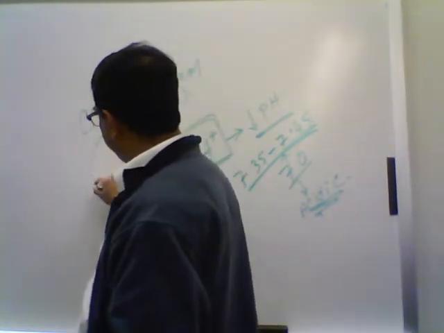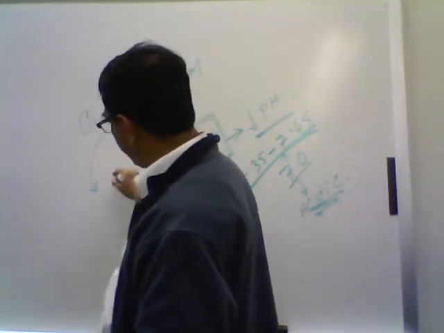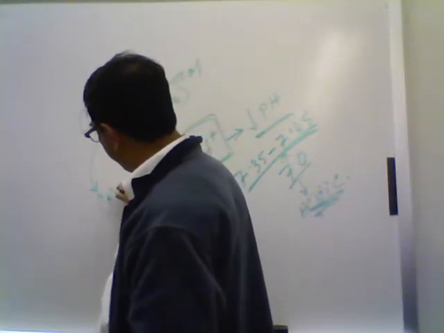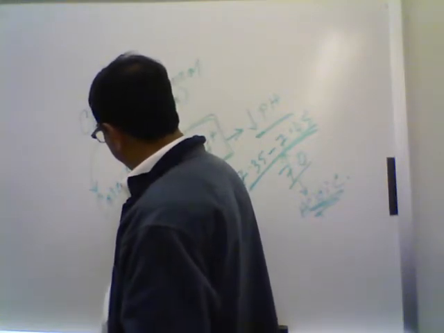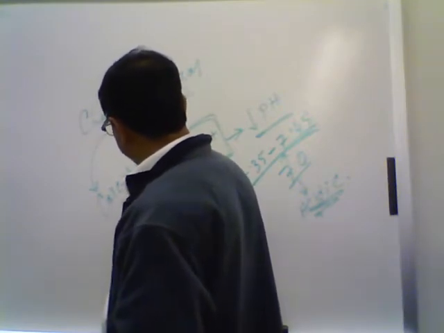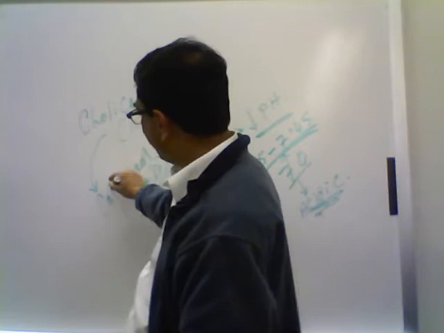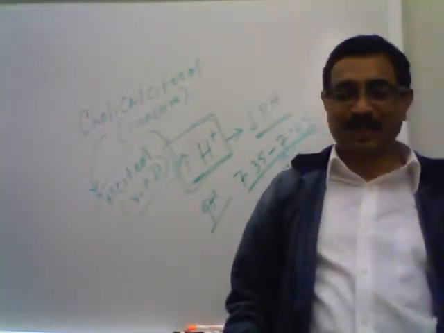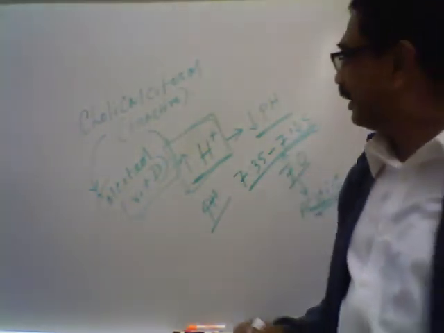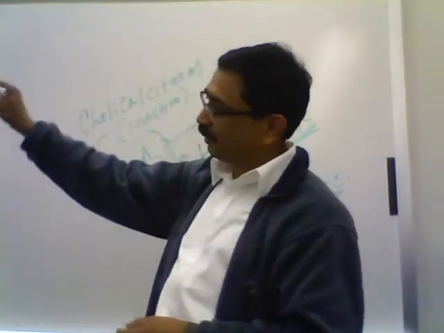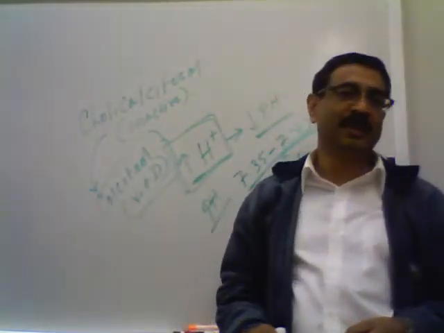Then from the skin, the cholecalciferol goes to the kidneys, and inside the kidney, it is converted to calcitriol, which is the active vitamin D. Okay, so inside the kidneys, cholecalciferol is converted to calcitriol, which is the active vitamin D, and that's how your kidneys help in synthesis of vitamin D.